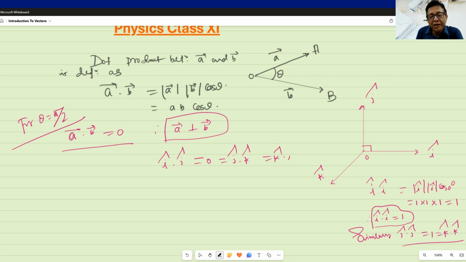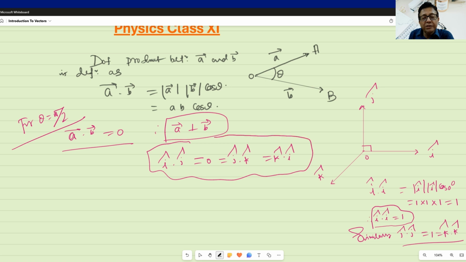K dot I also must vanish. Okay? You can use this result for any calculation involving dot product: when dissimilar unit vectors are taken into consideration, their dot product will be 0. When similar unit vectors are there, their dot product will be equal to 1.